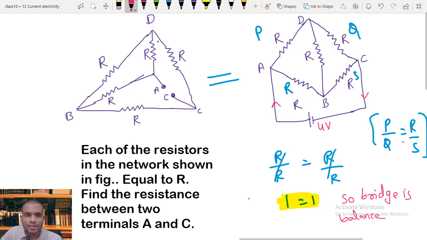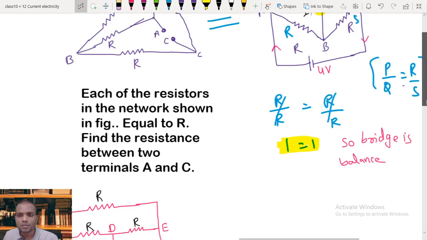If the bridge is balanced, the current through the arm BD goes to 0.